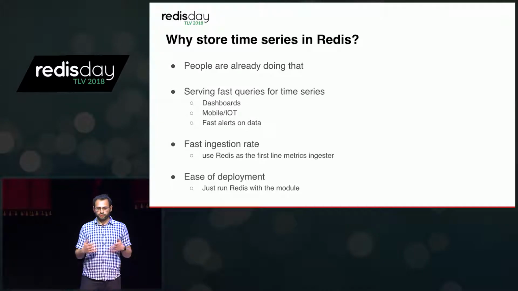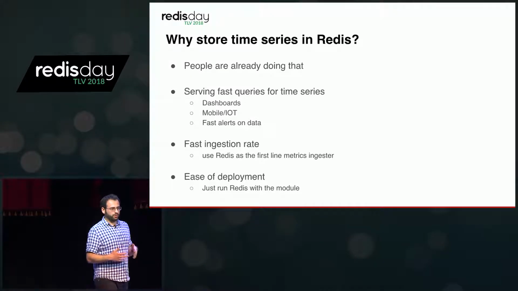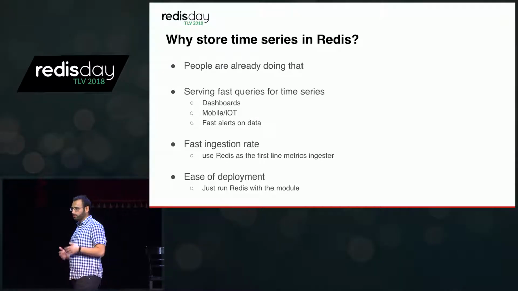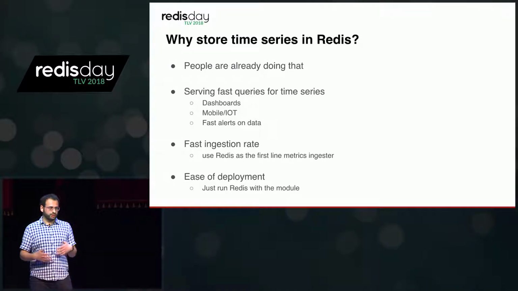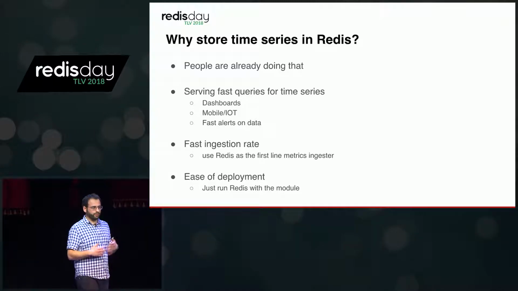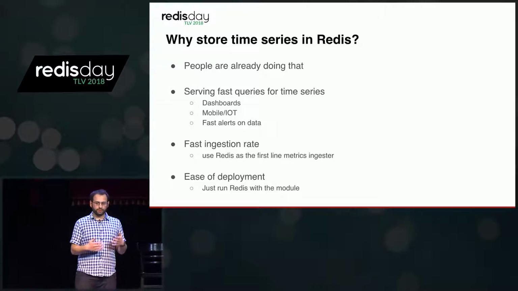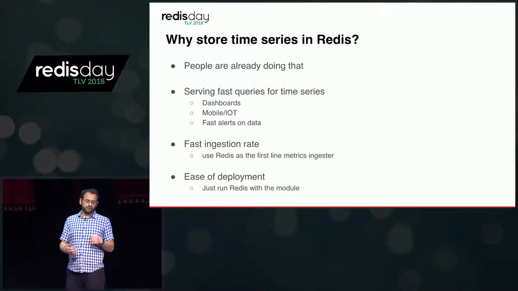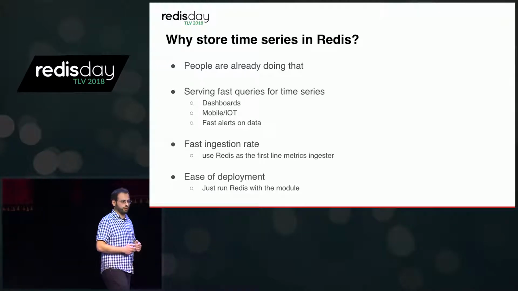For example, if you have a product that has dashboards, you probably want your dashboard to show up quickly. If you do dashboards today and you use a traditional SQL server, you will probably notice that it takes time to query the data and aggregate it. So if you can use Redis to make your dashboard even faster, that can be an awesome thing for Redis.